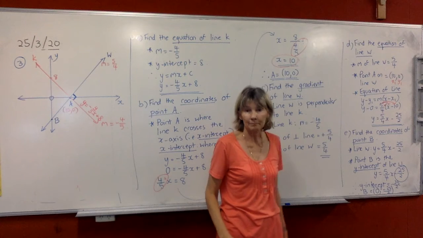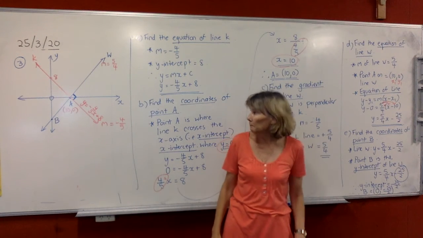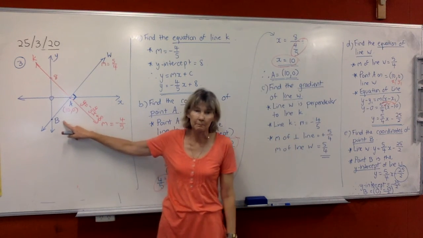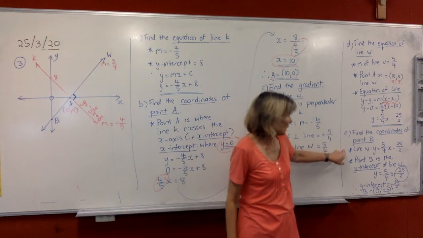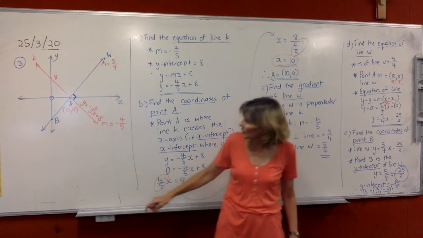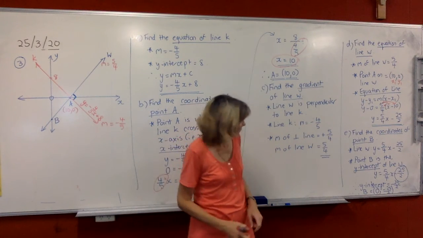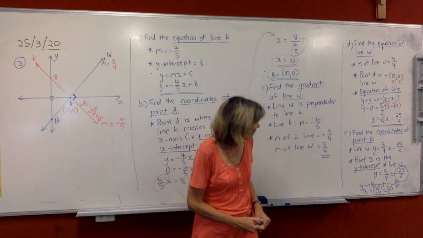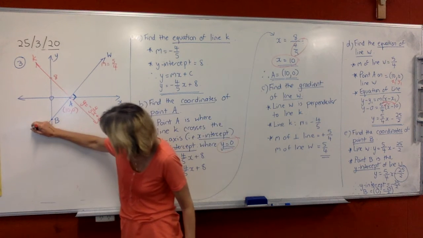Alright, part E. Find the coordinates of point B. Here's point B. So, line W has the equation y equals 5 over 4x minus 25 over 2. We'll just write that on.